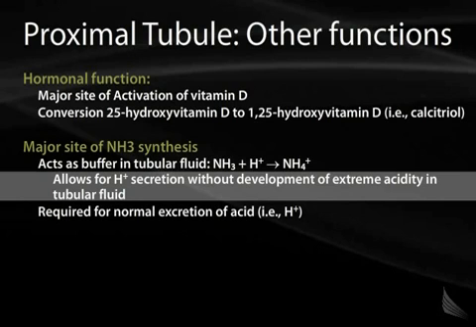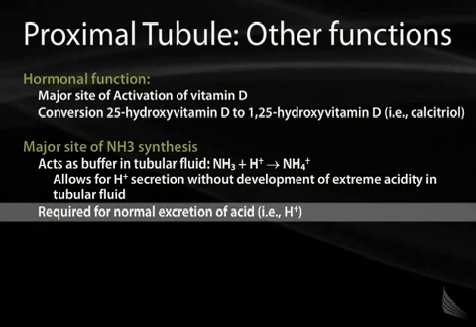Ammoniogenesis and the secretion of ammonium is one of the primary means of increased acidification of the urine. If ammoniogenesis is impaired, urinary acid excretion falls drastically, and the end result is a metabolic acidosis.